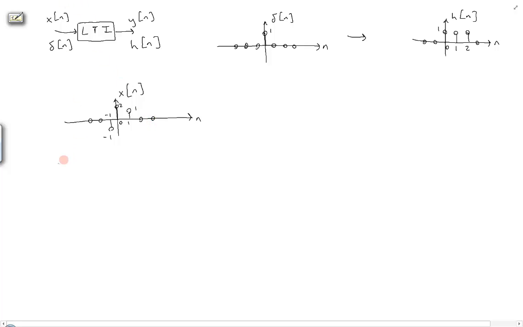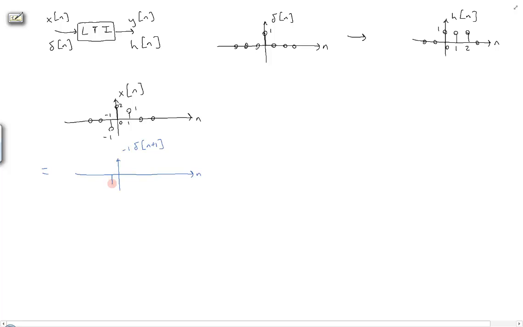This can be decomposed into three delta functions that are shifted and scaled. Specifically, the first is going to be -1 times delta of n plus 1.